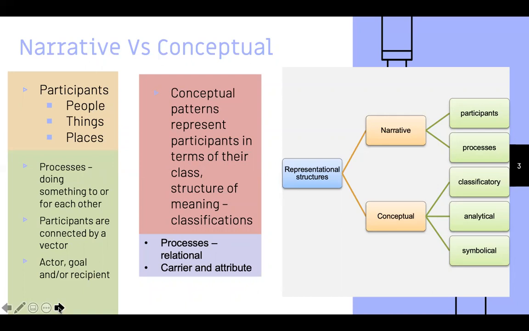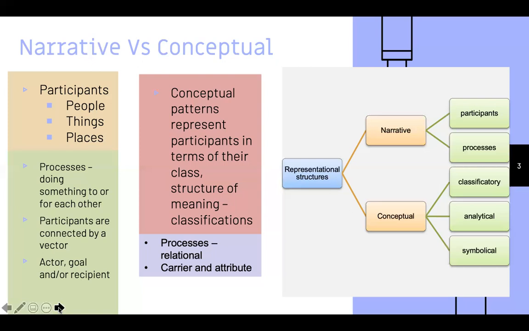So it is a vector line that connects the actor to the goal or the actor to the recipient. For the conceptual representation, on the other hand, it represents participants in terms of their class, structure, or classifications. So it is a relational process. It is based on the participants being the carrier and the attribute.